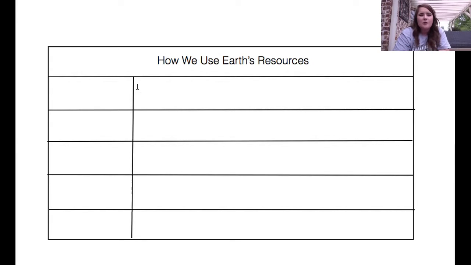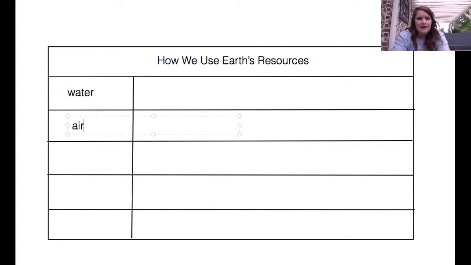So we want to make sure that we write the title of our chart, which is how we use Earth's resources. And the 5 resources that I want to talk about today: the first one is going to be water. The second one that we're going to be talking about is air. The third resource that we're talking about is plants.